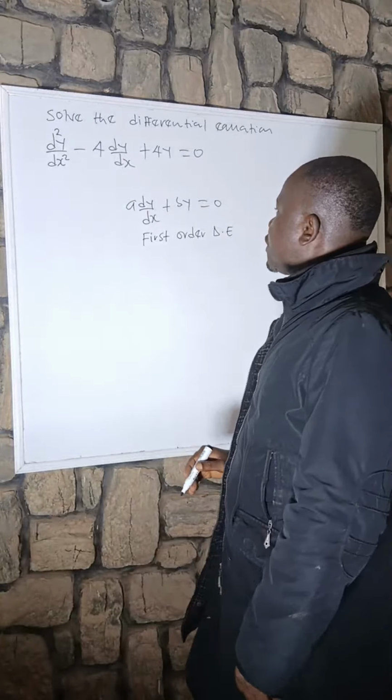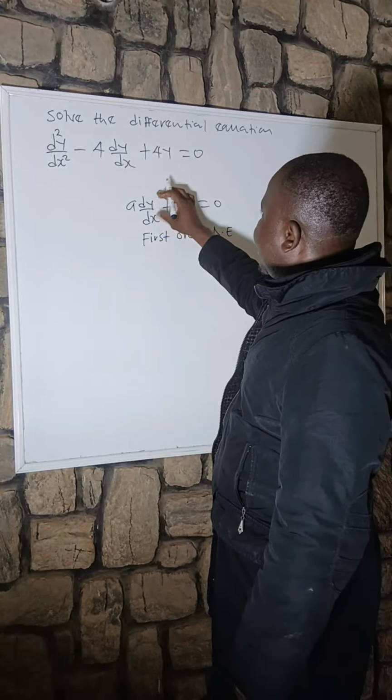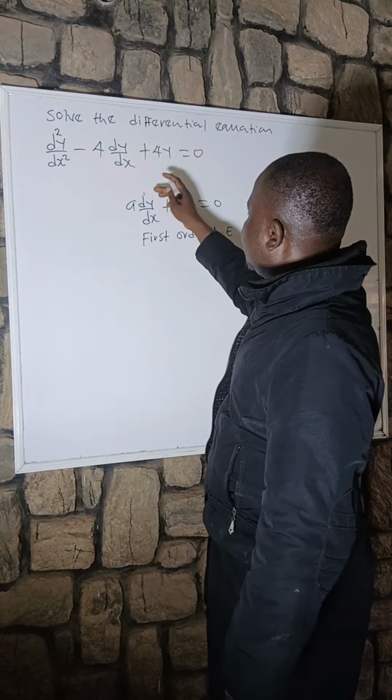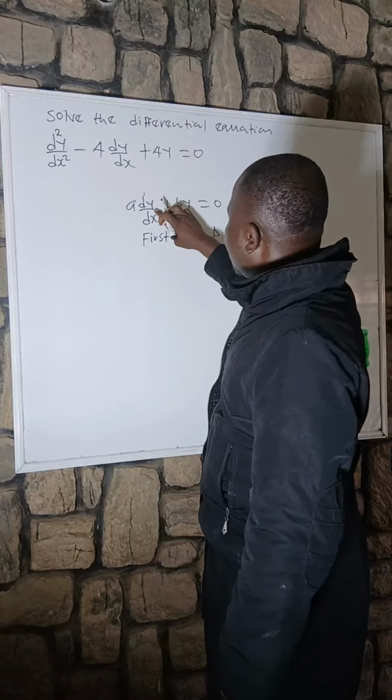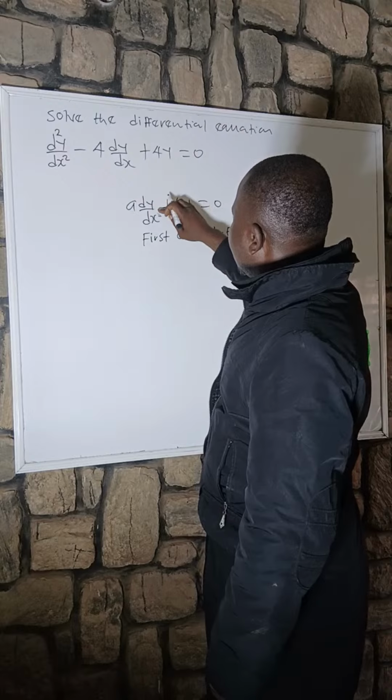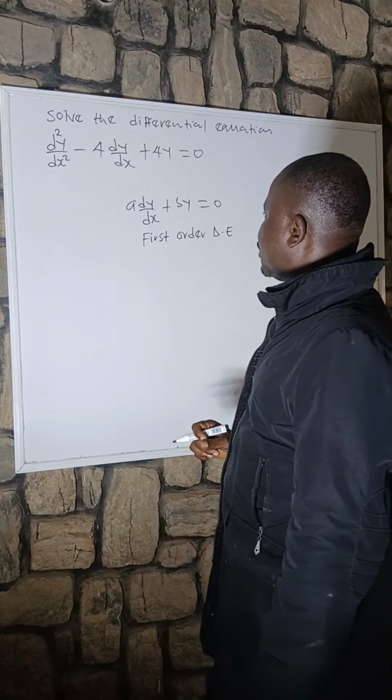Why? Because the order here is just one, true or false. So this is a first order differential equation.